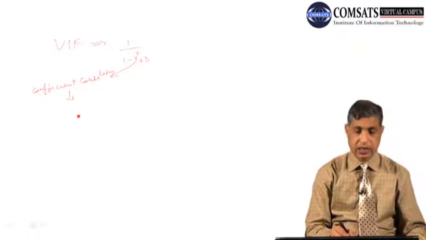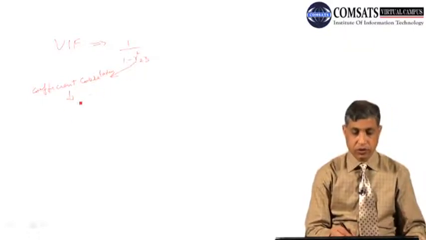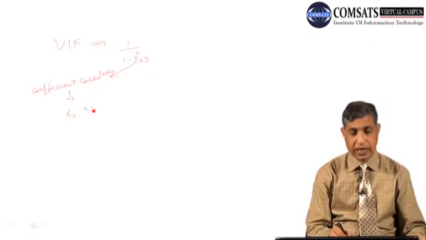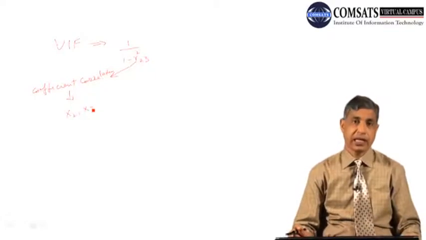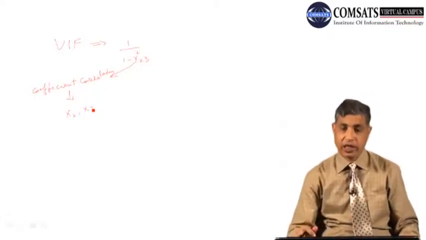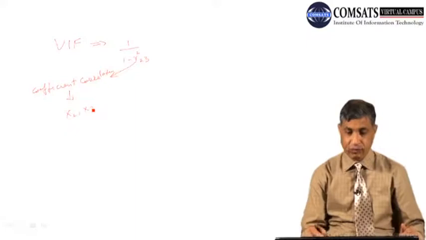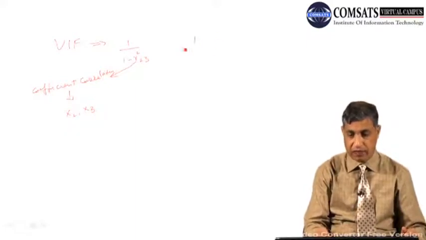and this is the coefficient of correlation 2 3, meaning between x2 and x3, and I am assuming that there are 3 variables in the regression, and these are the regressors. So now look at the formula. If I would like to write it again, 1 over 1 minus r square 2 3.